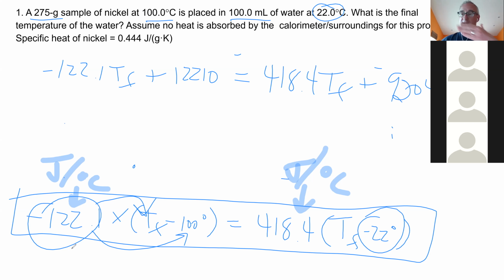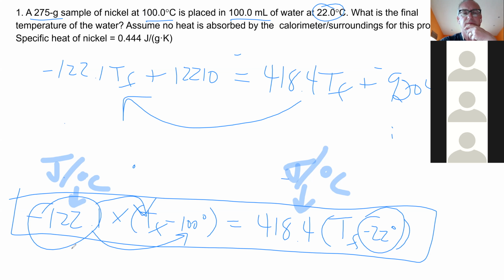So now we just move all the numbers to one side and all the TFs to the other side, and then we should be able to solve for TF. But it was minus 920. So what I'll do is I'll move this TF over here. Professor, the other side should be negative.